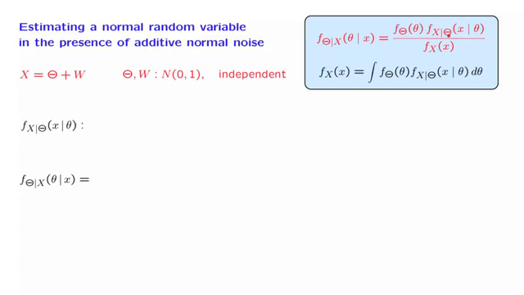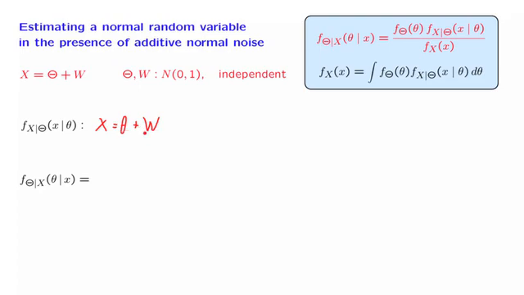What is it? If I tell you that the random variable capital theta takes on a specific value little theta, then in that conditional universe, our observation is going to be that specific value of theta, plus the noise term capital W. This is the relation that holds in the conditional universe where we are told the value of theta.